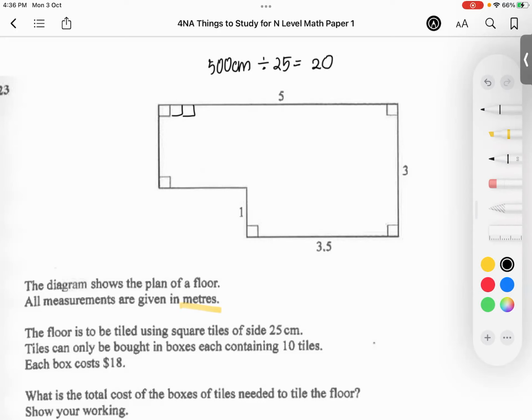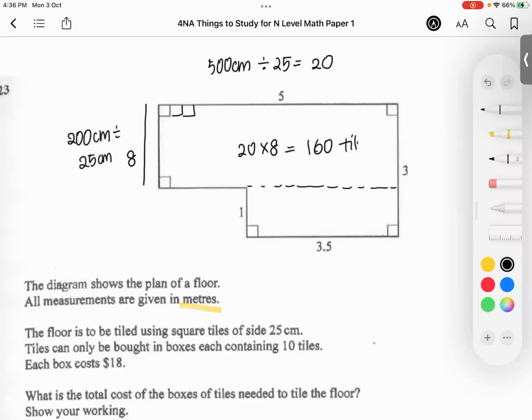Okay, so 20 of this, let me cut this into half. 20 of this, then this portion here will be 2 meters, which is 200 cm. I divide by 25 cm, I will get 8 rows. So I got 20 columns and 8. So for this portion it is 20 times 8, 160 tiles.